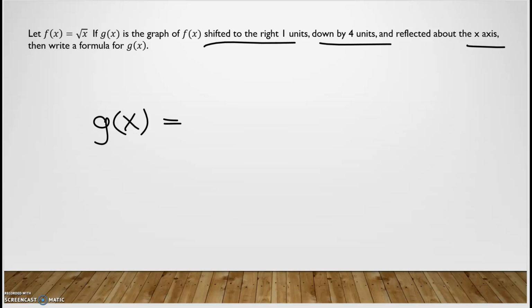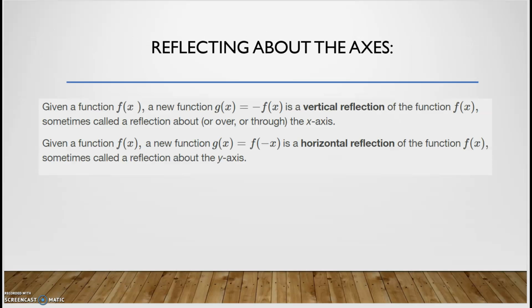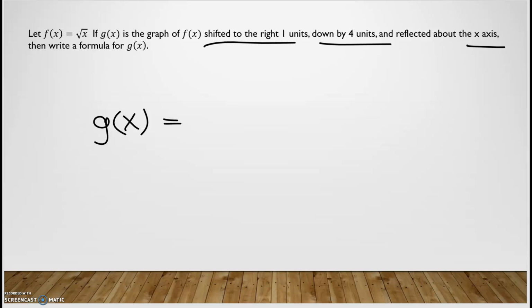If we go back to reflection, if we reflect about the x-axis, we put a negative in front of the entire function. So let's do that. We know we're going to have a negative in front of the entire function here.